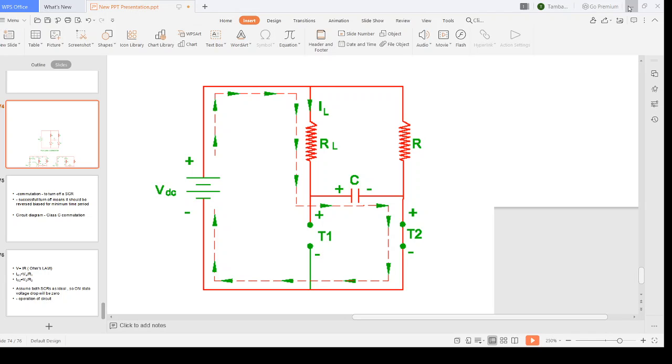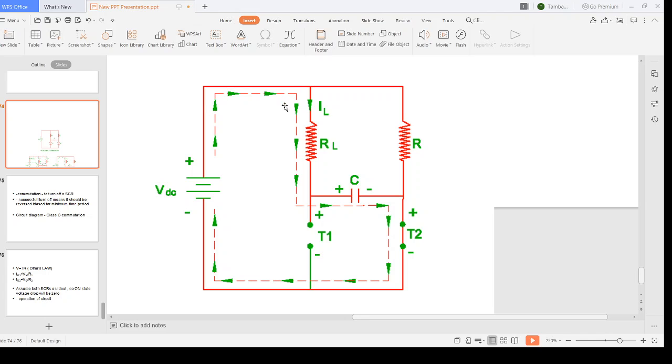Now consider another mode of operation. In this mode of operation, observe this diagram. In this diagram, you can observe that the current I is flowing through thyristor T2.